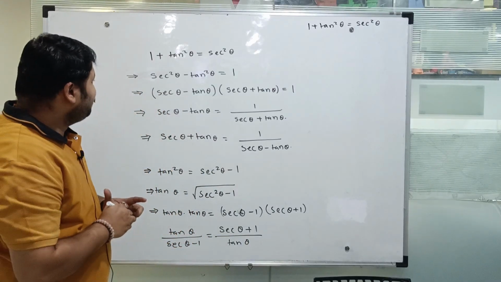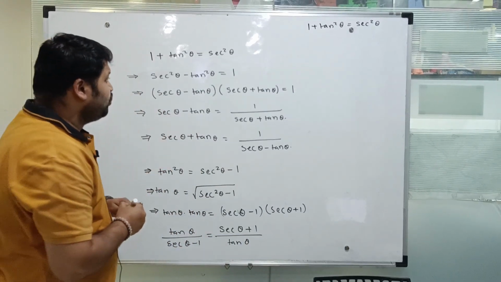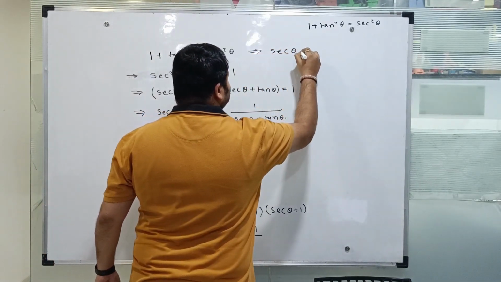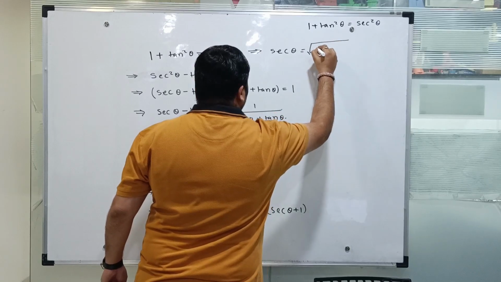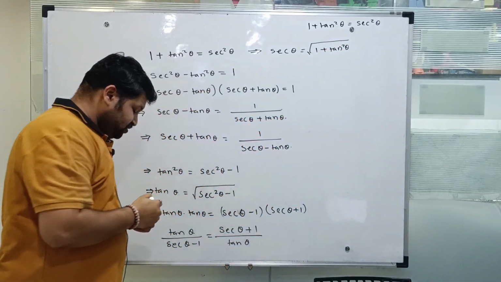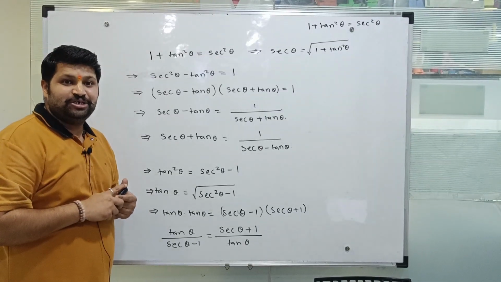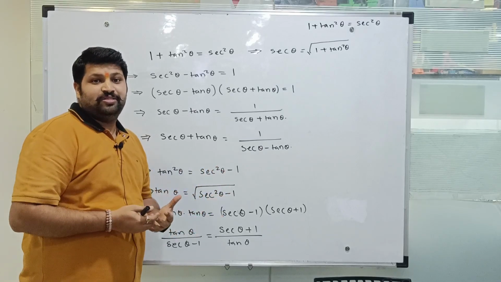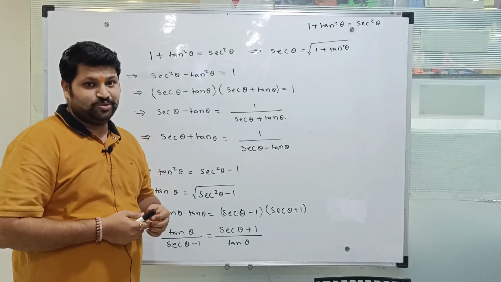So these are various manipulations that we have. We can directly have one more manipulation, that is sec theta is equal to root of 1 plus tan square theta. Now these can be readily replaced with each other and we can get the final answers directly using these manipulations.